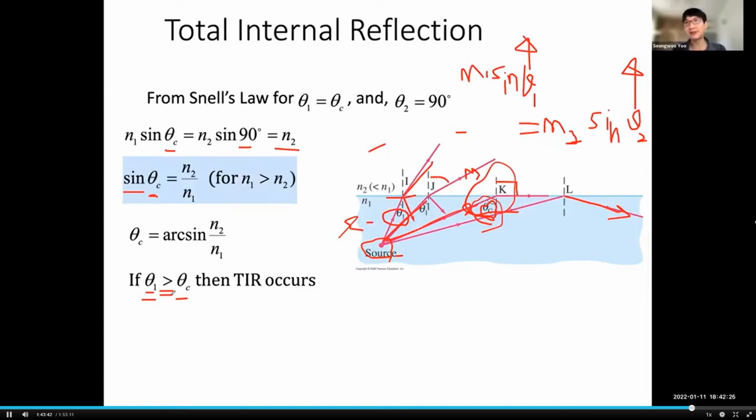We use Snell's law to explain total internal reflection, but when it comes to the mirror, there is no such Snell's law. The light just bounces back. So we use the law of reflection, where the angle of incidence is the same as the angle of reflection.